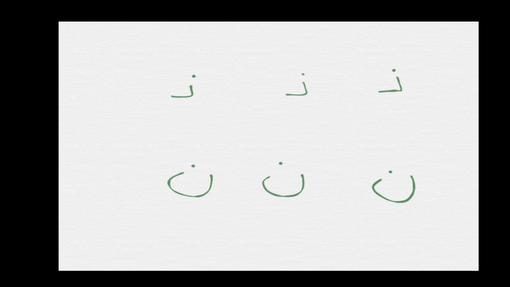Now let's practice with long vowels. N with a long vowel A, you'd pronounce it Na. Whereas with a short vowel, you pronounce it Na. So there's a big difference. N with a long vowel O, you'd pronounce it Nu.